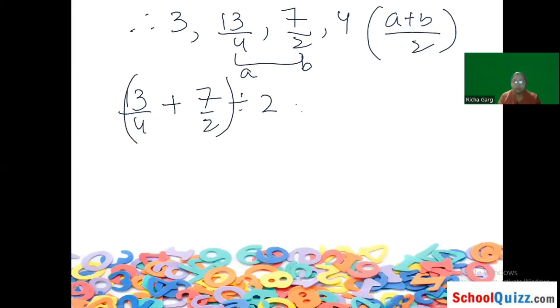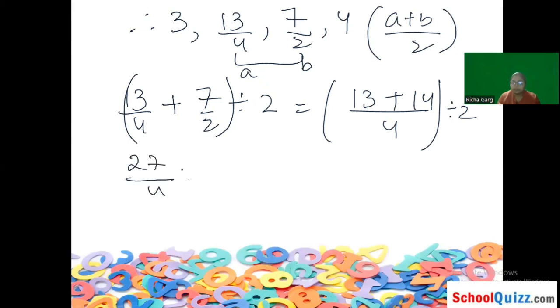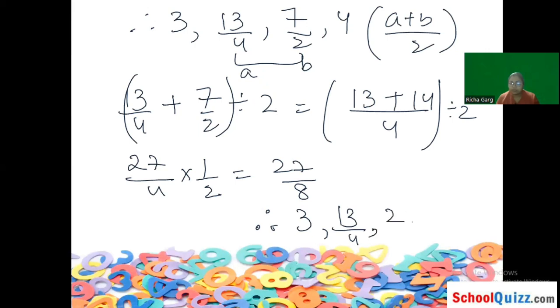It will be, with 4 as LCM, 13 plus 14 divided by 2. 13 plus 14 is 27 by 4 multiply 1 by 2, reciprocal of 2 again. So 27 by 8. Right? So my new numbers are 3, 13 by 4, 27 by 8, 7 by 2 and 4.